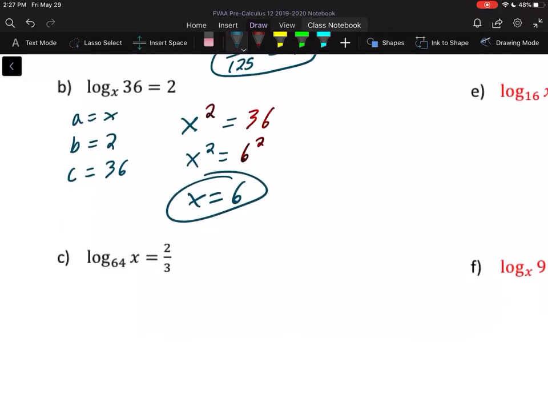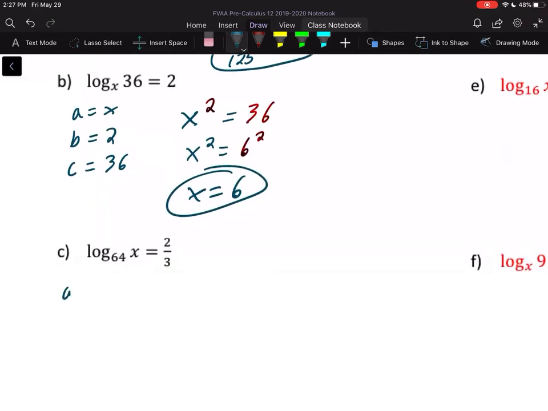Okay? And last one here, I have a is equal to 64, b is equal to 2 over 3, and c is equal to x. So I can substitute these in. I have 64 to the 2 over 3 is equal to x.